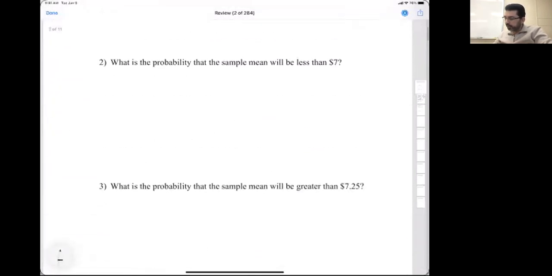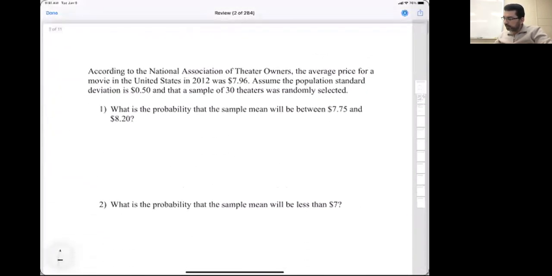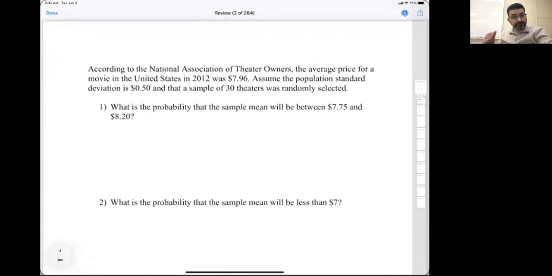So let's do this question about the sampling distribution. When you have a question like that, first of all, you have to know which statistic you deal with. Is it the mean, the sample mean, or the sample proportion?